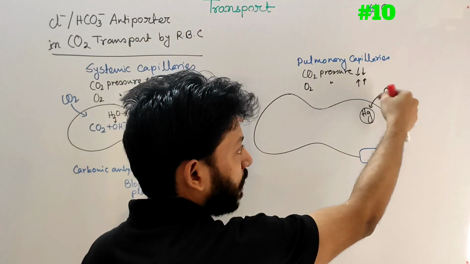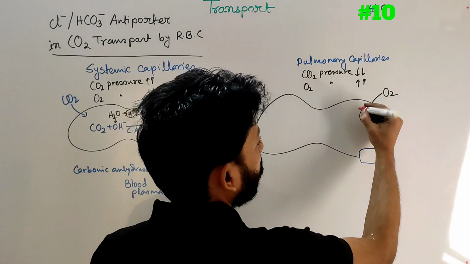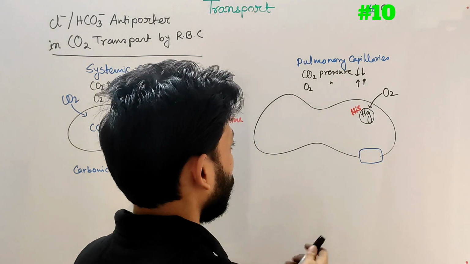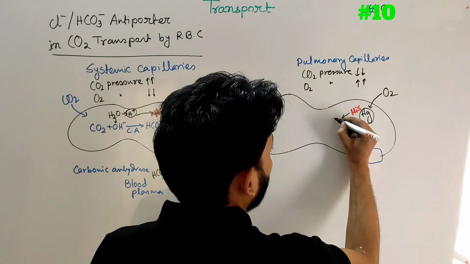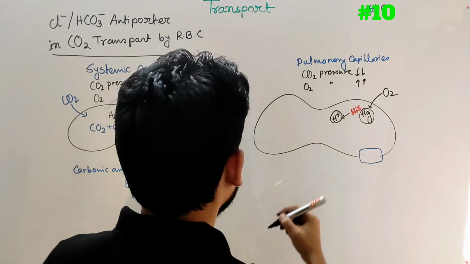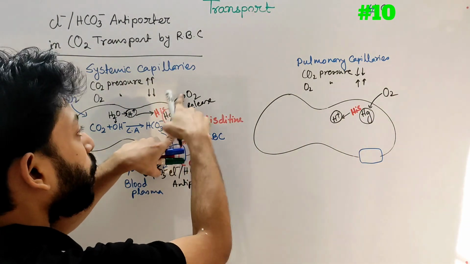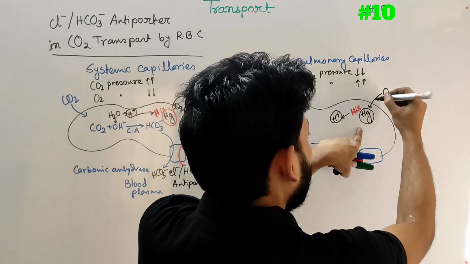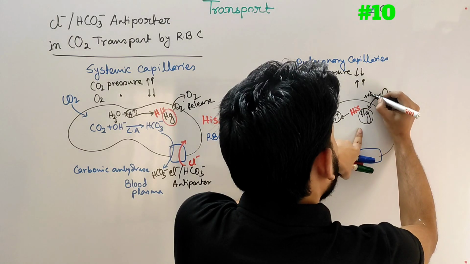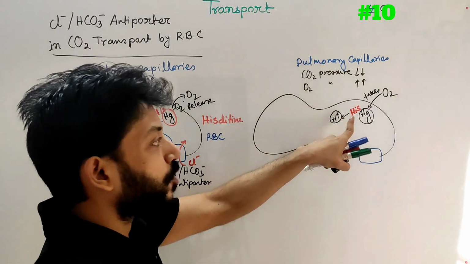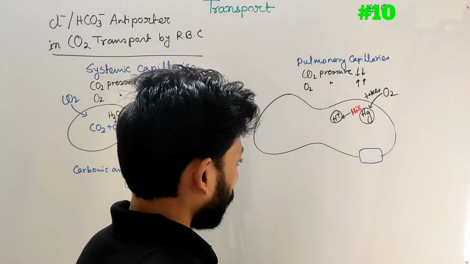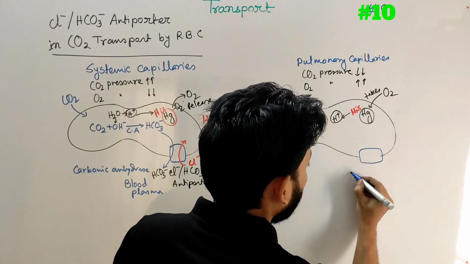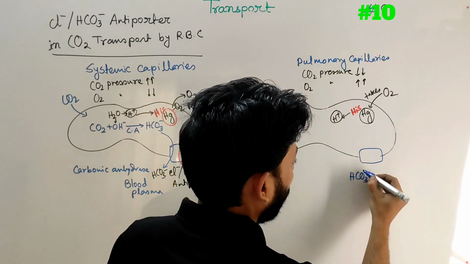Now when oxygen is bound to the hemoglobin, this hemoglobin that contains the histidine releases the proton. When hemoglobin releases oxygen, it takes proton. When hemoglobin takes the oxygen, it releases proton.